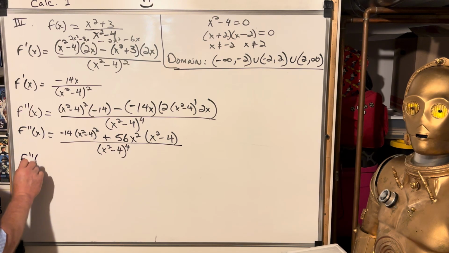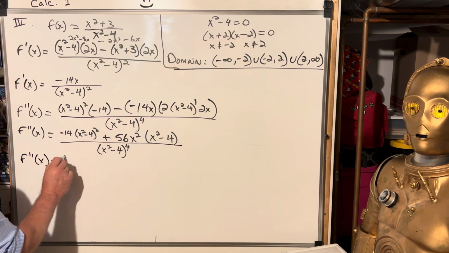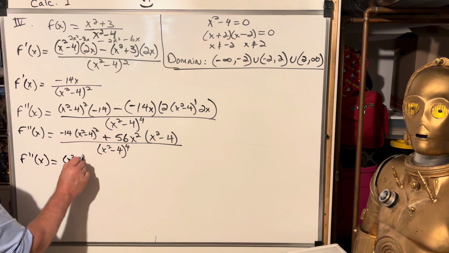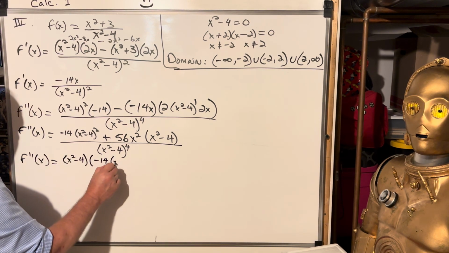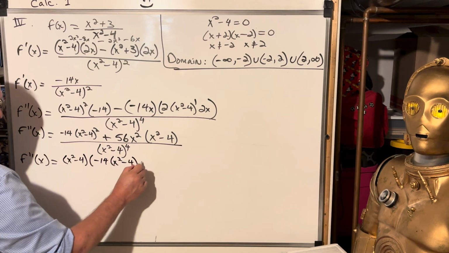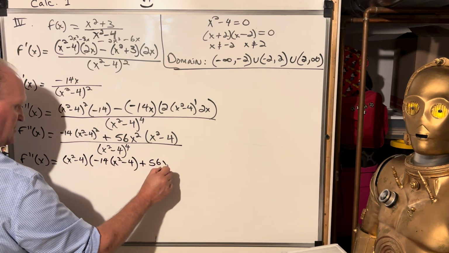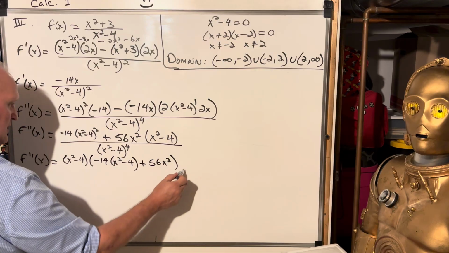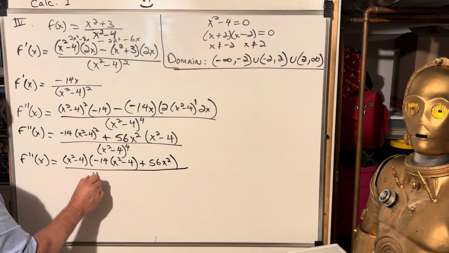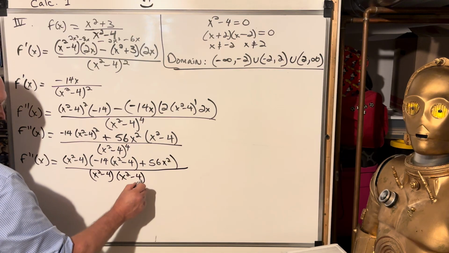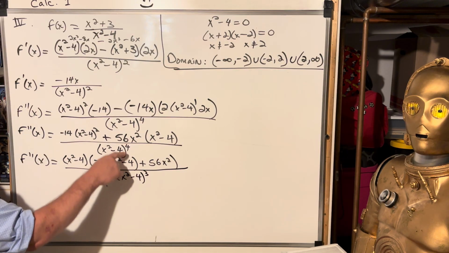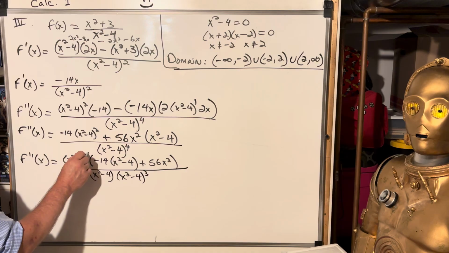So follow this. We are factoring out an x squared minus 4. And then we're left with negative 14 times an x squared minus 4 plus a 56x squared over x squared minus 4 times x squared minus 4 cubed. So I just separated one of those out so I can cancel it with this one.